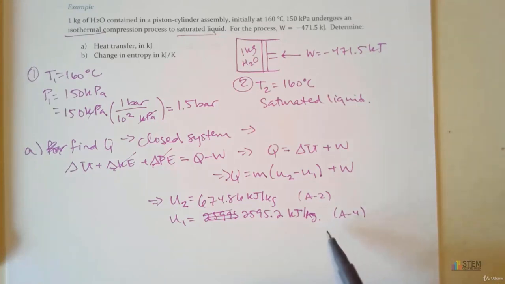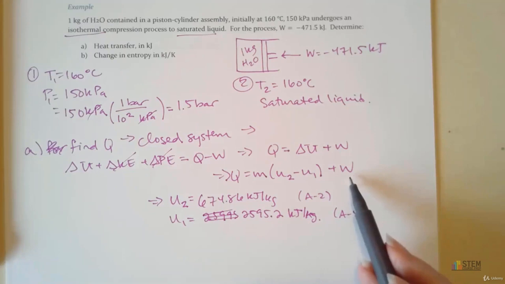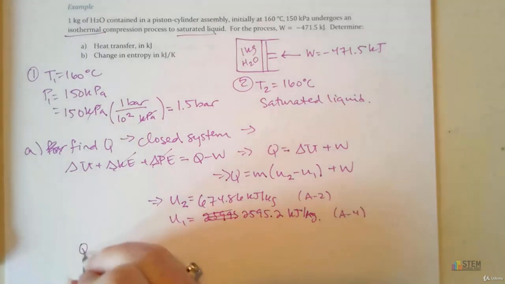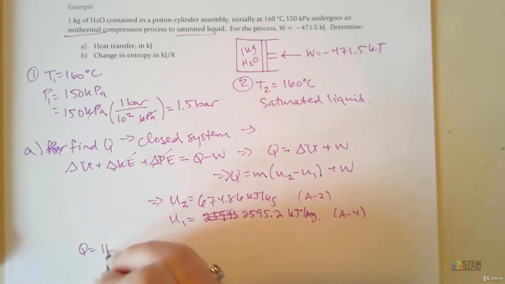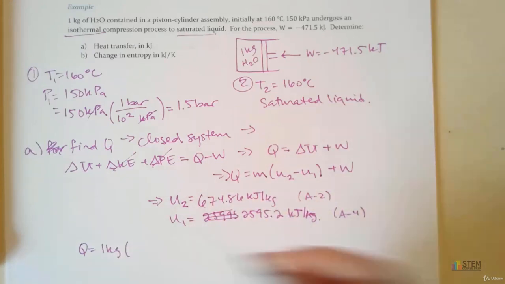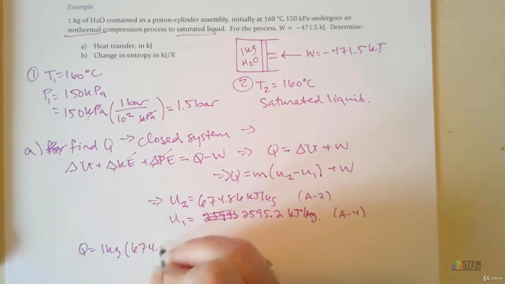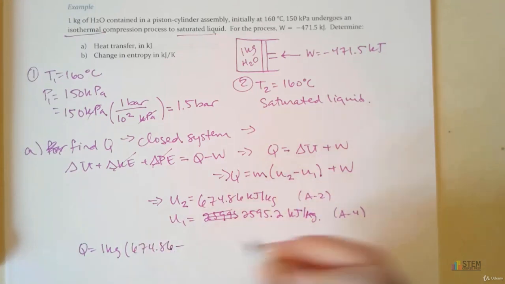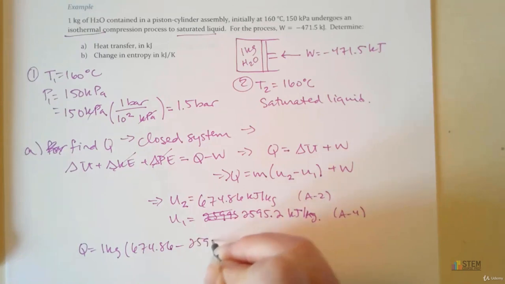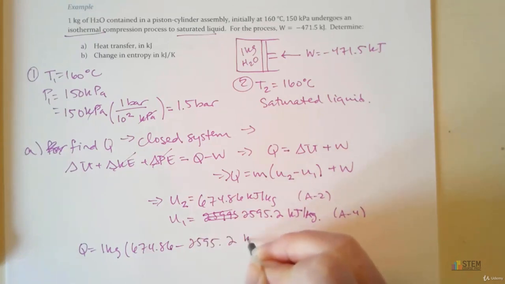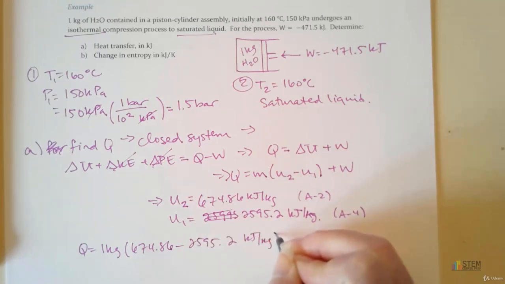Now that we have all that, we can plug everything into this equation for Q. Q is going to be the mass, which is 1 kilogram, times 674.86 minus 2595.2 kilojoules per kilogram.